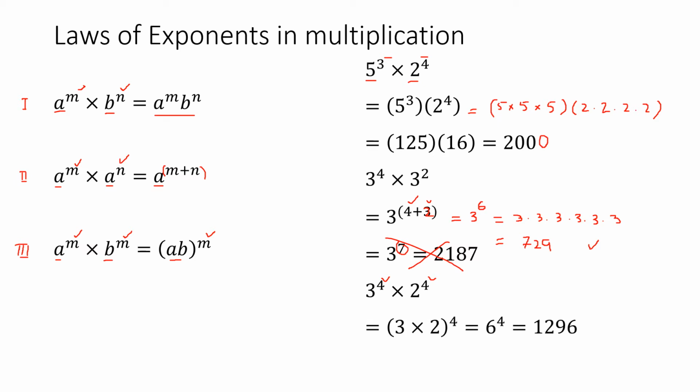Example, look, 3 to the power 4 and 2 to the power 4, same exponent, generally people call them power, so exponent. So what we do, yes, we multiply, we write 3 and 4 side by side.